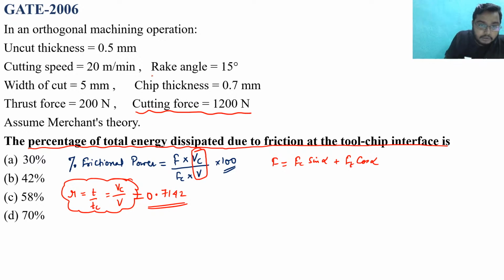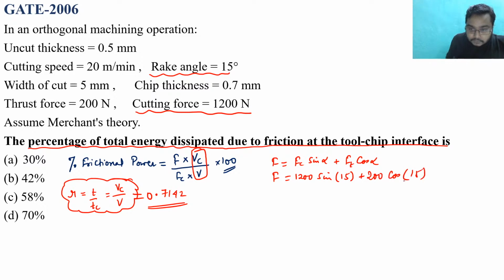And alpha value is 15 degree. So Fc is 1200 Newton. So 1200 sine 15, Ft is thrust force, that is 200, cos 15, and from here the F value is going to be equal to 503.77 Newton.